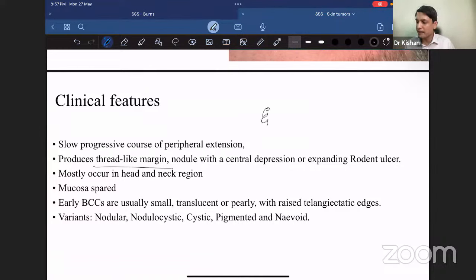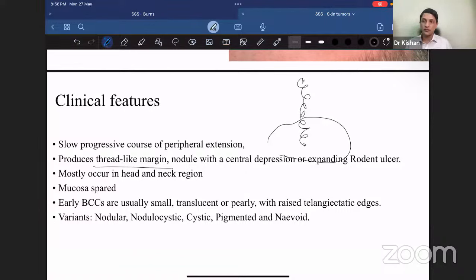Initially it spreads radially. Then later on it spreads vertically, in depth. So there are two types of growth for BCC. That's why all these varieties: thread-like margins because of the radial growth, and nodule because of the vertical growth.